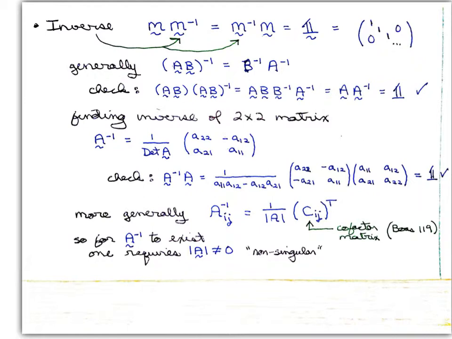Now, more generally, as described in the Boas textbook, there is a formula for the inverse of a larger matrix, and the only thing I want to point out here is that that formula still includes a factor of 1 over the determinant of the original matrix. So no matter what size our square matrix is, in order for it to have an inverse, the matrix may not have determinant 0. If a matrix has determinant 0, it is called a singular matrix, and no inverse exists. And again, we'll find this is important.